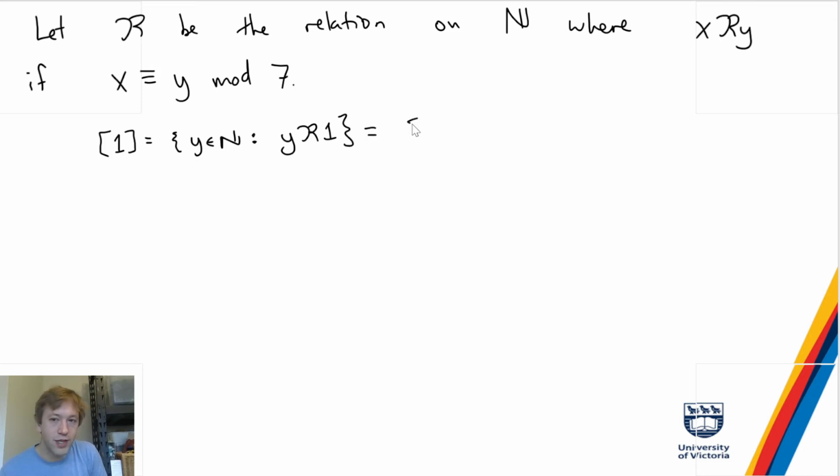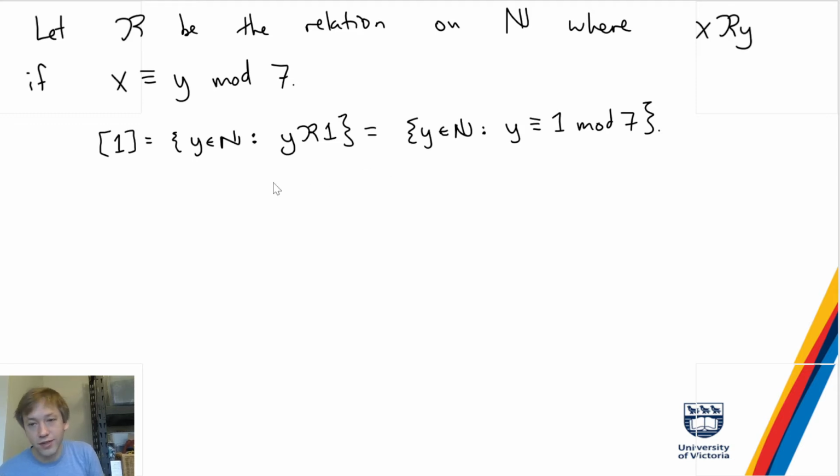Or in other words, this is just the set of all natural numbers y such that y is congruent to 1 modulo 7.